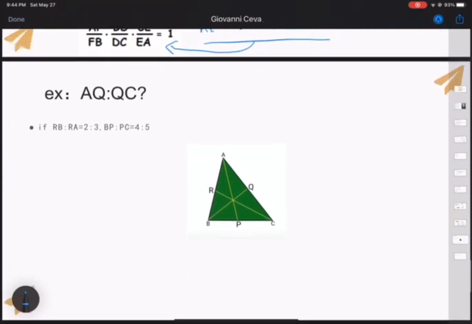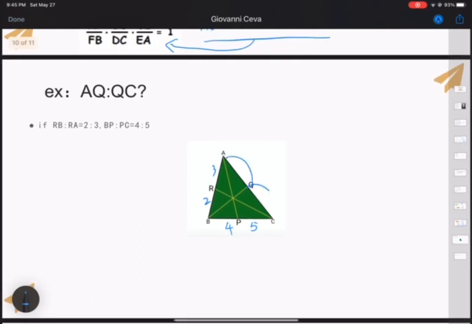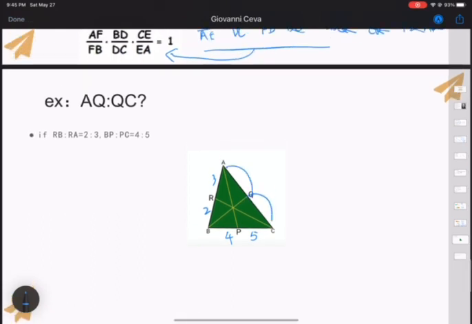And then here is an example for Ceva's theorem. If AR divided by RB equals 2 divided by 3, and BP divided by PC equals 4 divided by 5, then what's the ratio of AQ and QC?